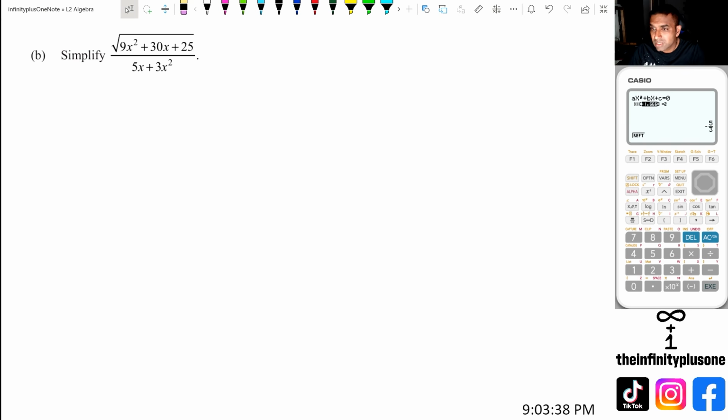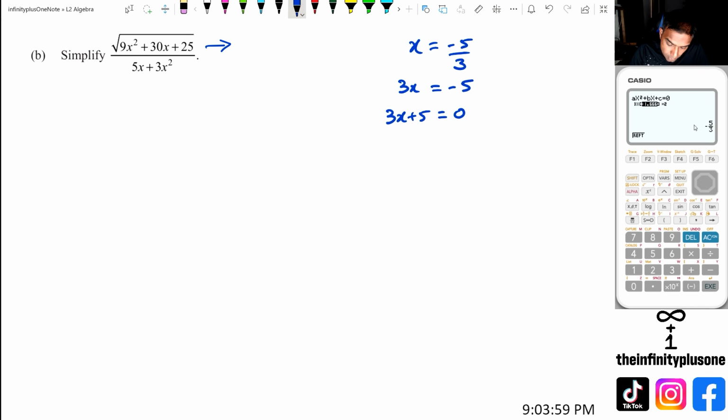And when you do this, as you can see, you're getting two solutions, and your answer is actually negative 5 over 3. So if your solution is x equals negative 5 over 3, cross multiplying it, you're going to get 3x equals negative 5. Rearrange it, you're going to get 3x plus 5 equals 0. So basically, this numerator here could be written as 3x plus 5 squared.